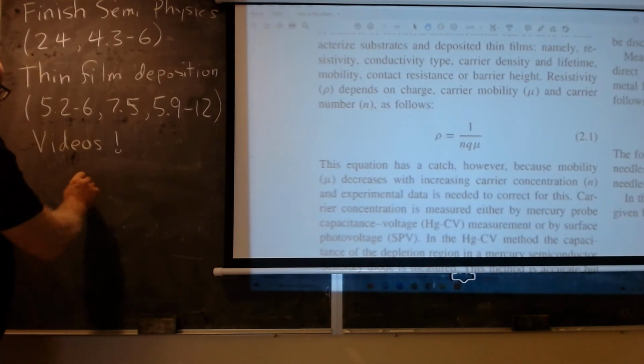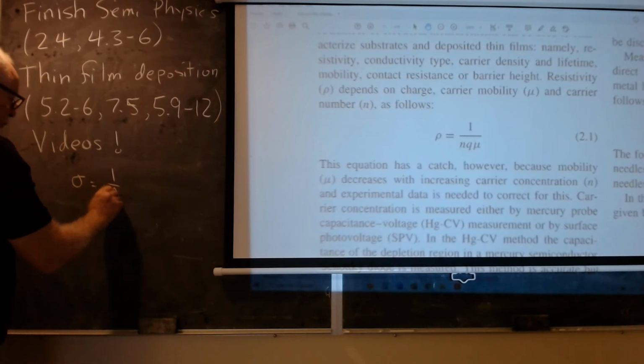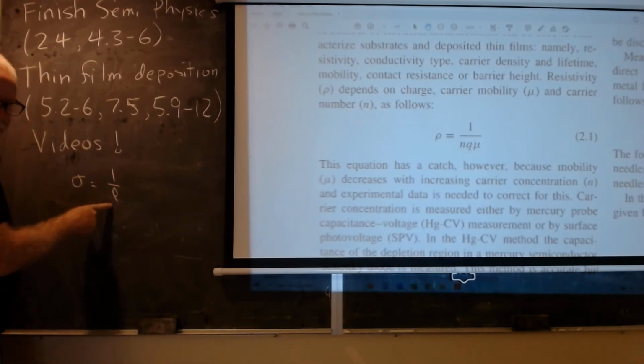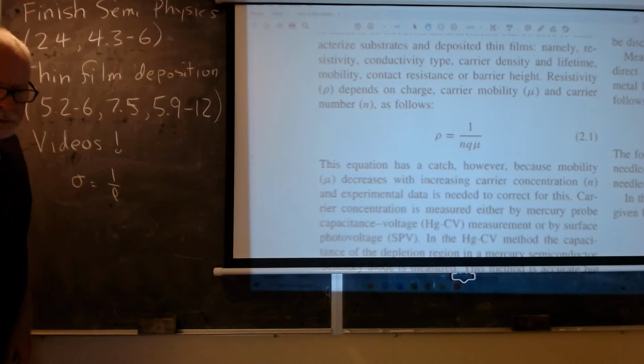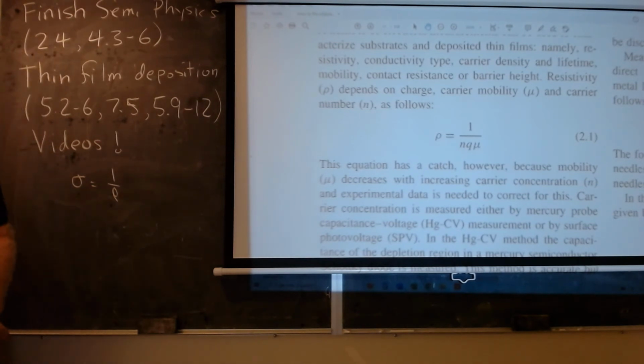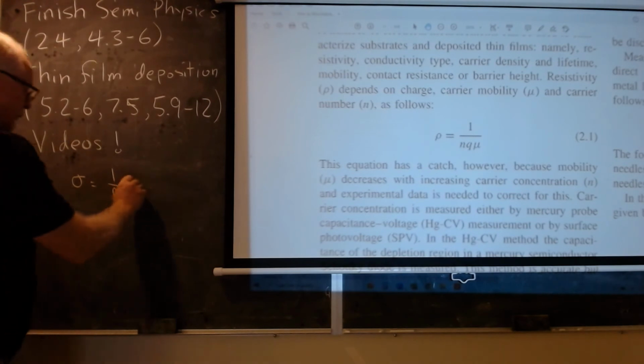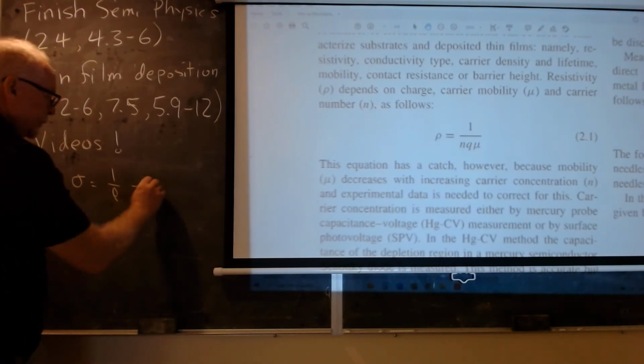He uses rho. Sigma is one over rho, where this is the resistivity and this is the conductivity, and even the words sound like, okay, we know that one is the inverse of the other. And so you can see that taking one over that's n.